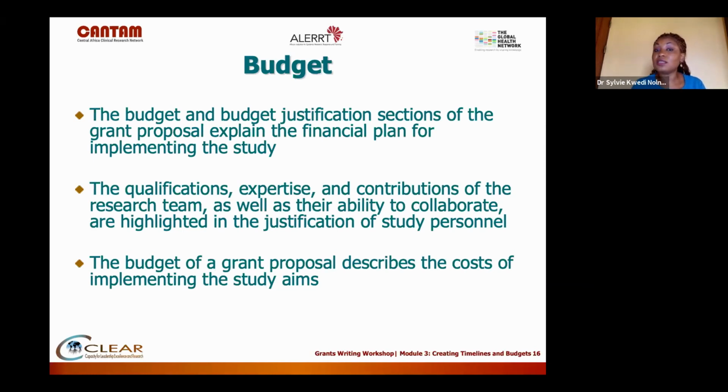So sometimes it seems cumbersome, but the regulations that the funders put in place for their budgets really need to be respected, because the funders themselves are accountable for how the money is used.